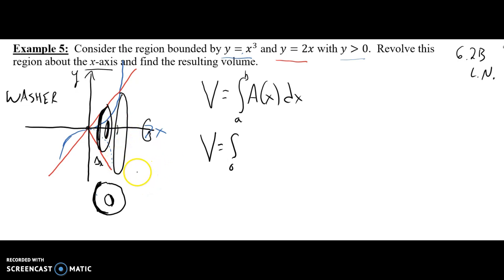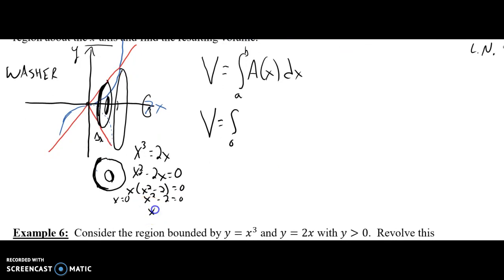I'm going to do the work right here, where we set x cubed equal to 2x. If I move that onto one side, x cubed minus 2x equals 0. Then I factor out an x, and I will have x times (x squared minus 2) equals 0. So x could be 0, or x squared minus 2 could equal 0.